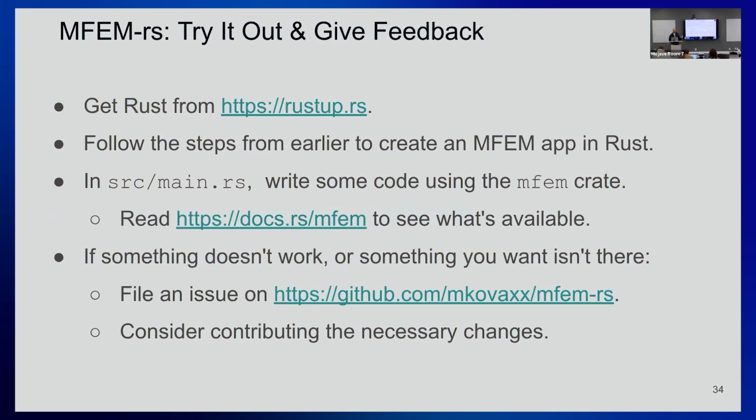Create a Rust app that depends on MFEM, and put some source code in main.rs. Try to make it work. And if it doesn't work, or there's something that you can't find, file an issue on the GitHub project, and then consider contributing the necessary changes.